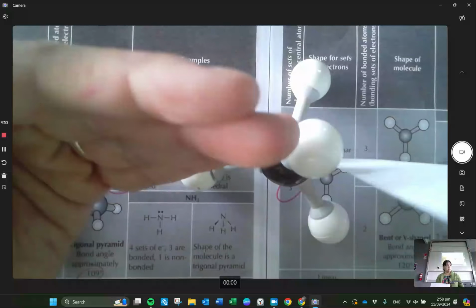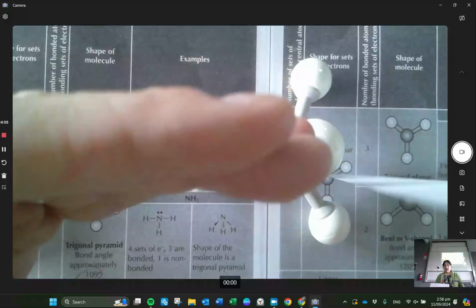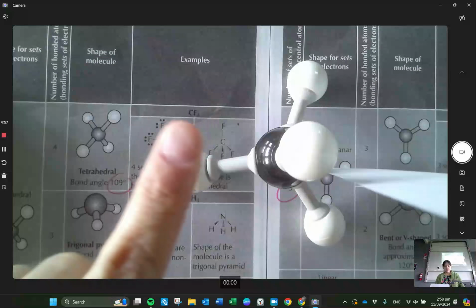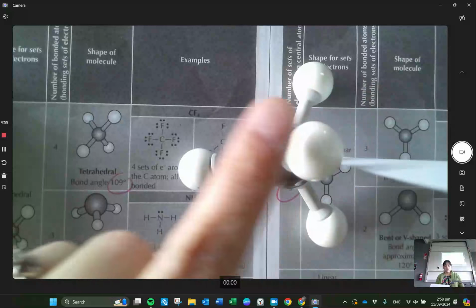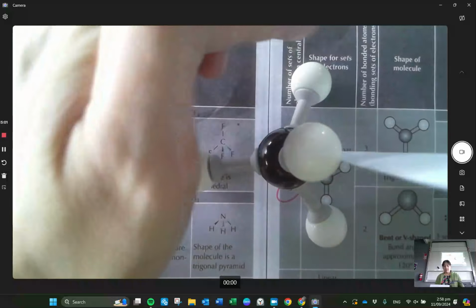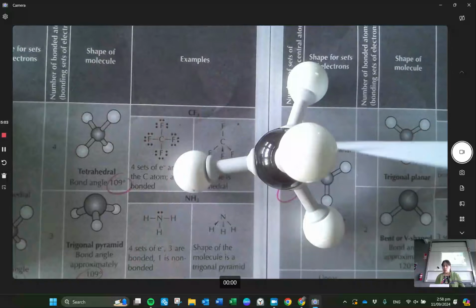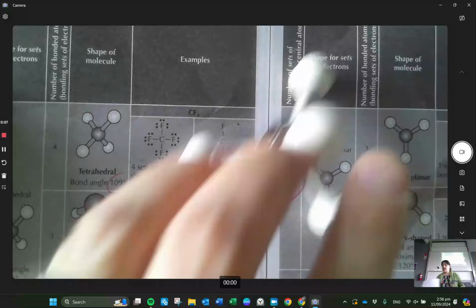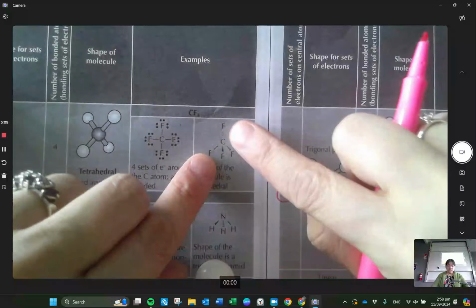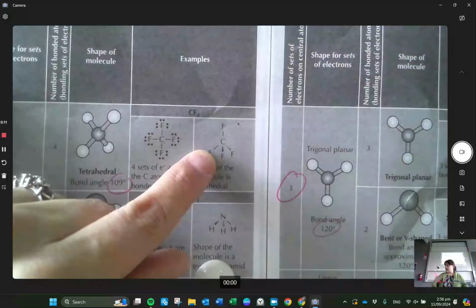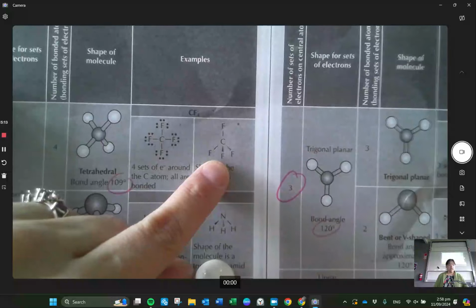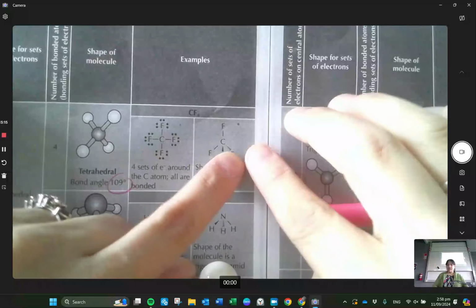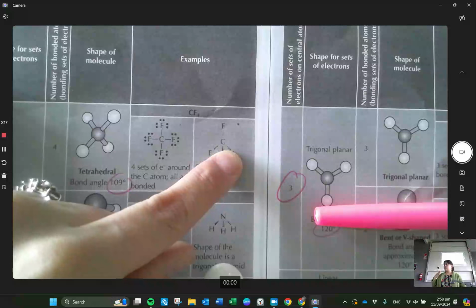In my 3D shape, there are 2 items that are within that plane. One item is coming out of the plane and one item is behind the plane. This is the plane. When I'm drawing that, the single lines refer to within the plane. The bolded line means coming at you, and the dashed line means behind you.